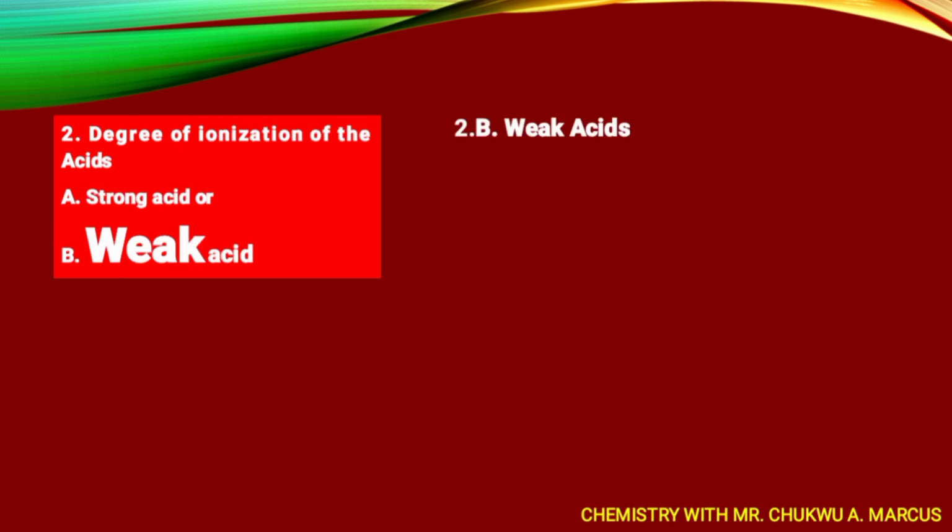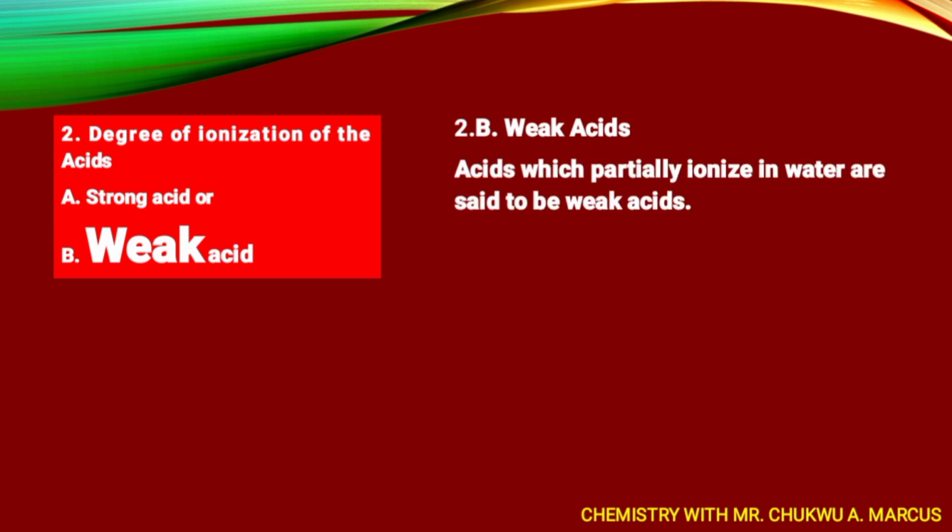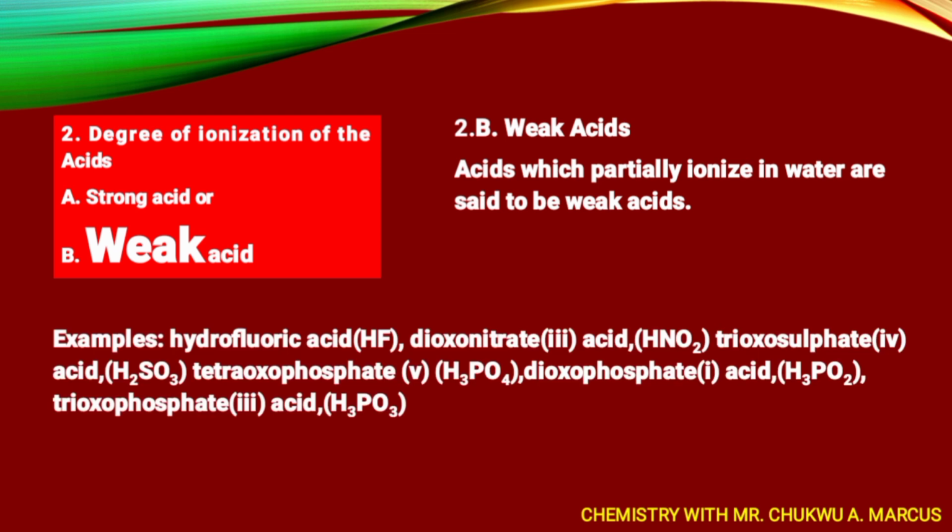Now the question is, why is it not a strong acid? It is not a strong acid because it cannot ionize in water completely. It finds it difficult to give out its hydrogen due to the strong bond between hydrogen and fluorine, which we call hydrogen bonding. So it is not easy to release hydrogen to oxygen, since fluorine is more electronegative than oxygen.